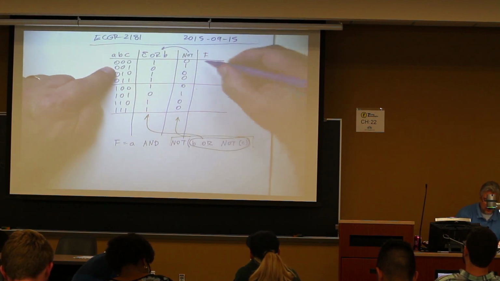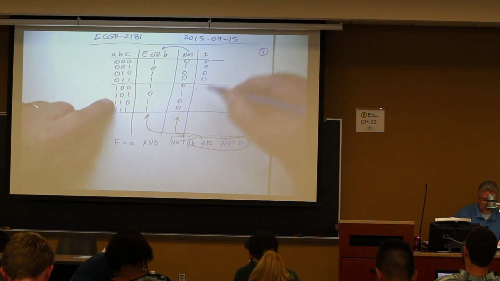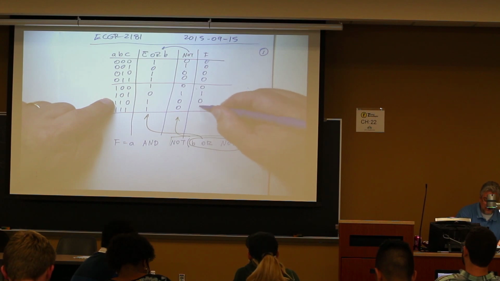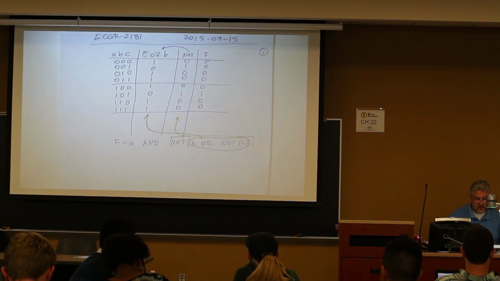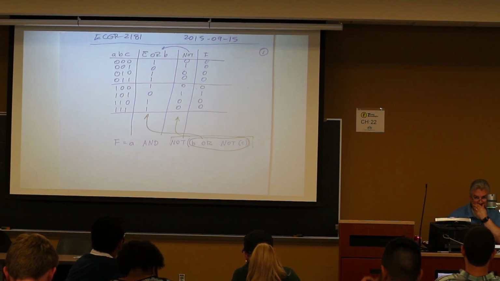And of course, since A up here is all zeros, we know that's immediately going to be 0. So now we need to look down here, and oh my gosh, there's only one situation where we have a 1 in F. Ooh, lots of murmuring. That means people are kind of saying, ooh.